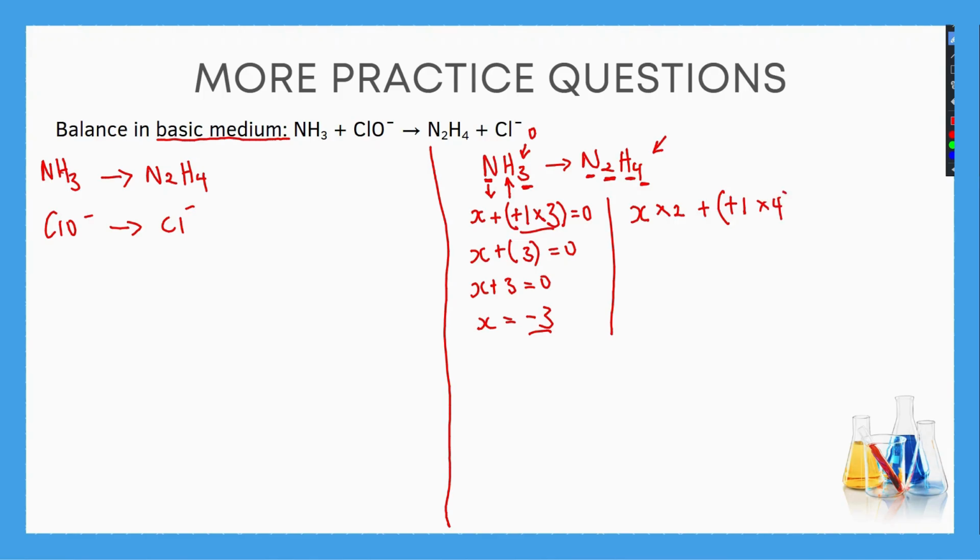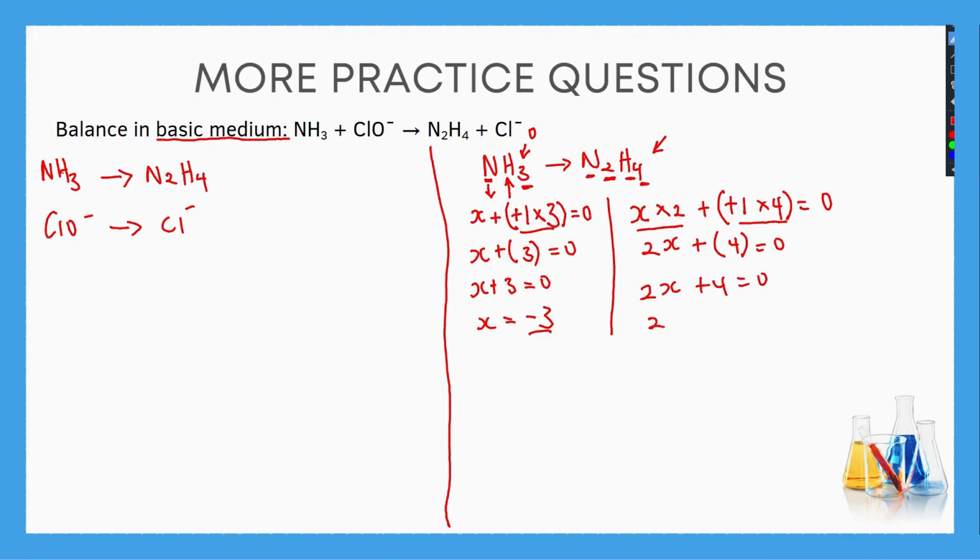We have 4. Everything is equal to the overall charge, which is 0. Now 2 multiplied by X gives us 2X, plus 1 multiplied by 4 gives us 4. This is equal to 0. So now we have 2X plus 4 is equal to 0.